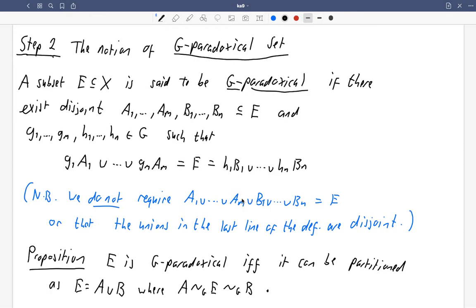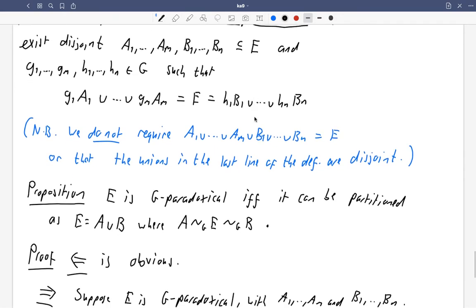But it doesn't require that all these things union together to make the whole of the set. That's very helpful because it's much easier to show that we can find some subsets that we can reassemble to make the whole thing than that we can neatly fit all the sets together to partition the whole of E in the first place.